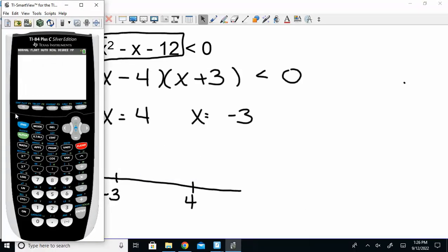It's been a while since you've done that. Just do the original one: x squared minus x minus 12. And you should get a graph that looks like this. Is everybody seeing that?